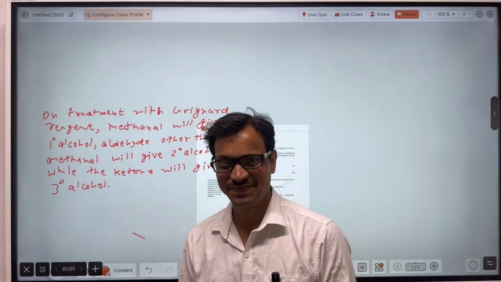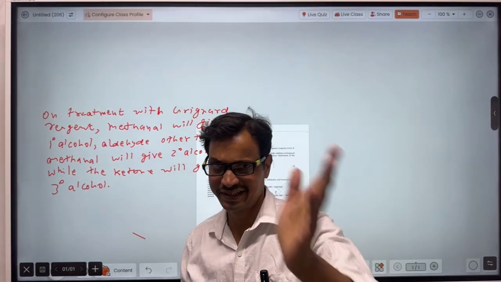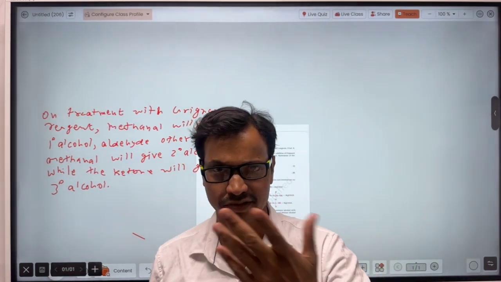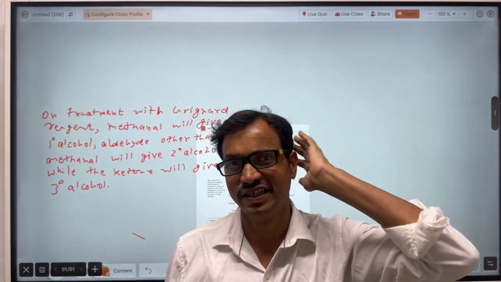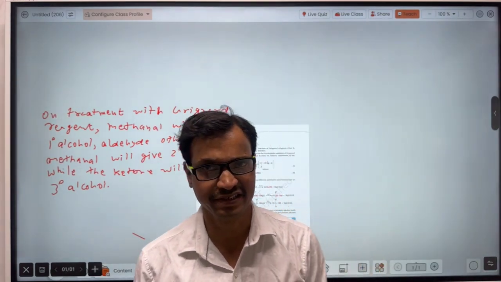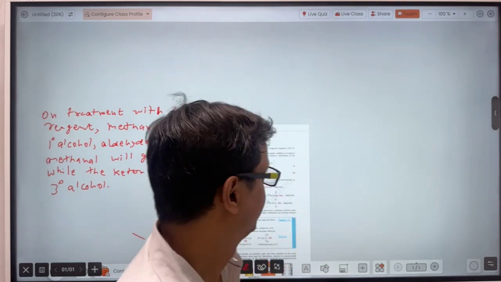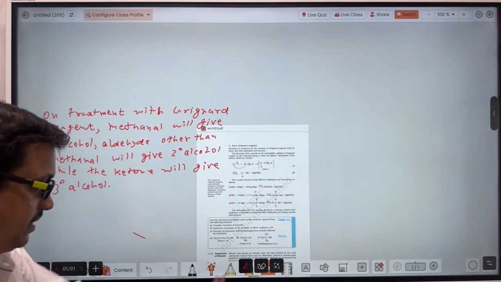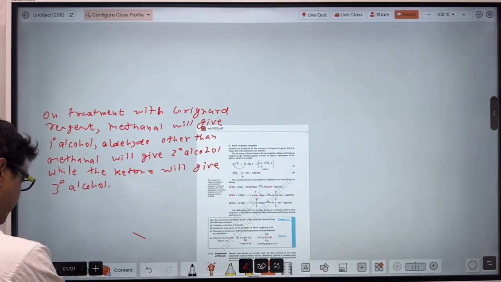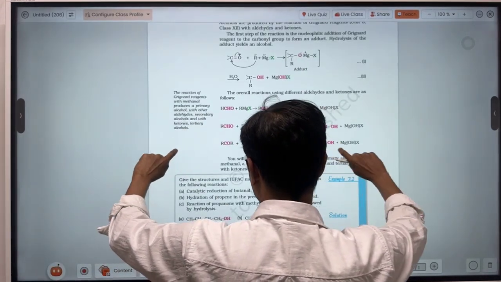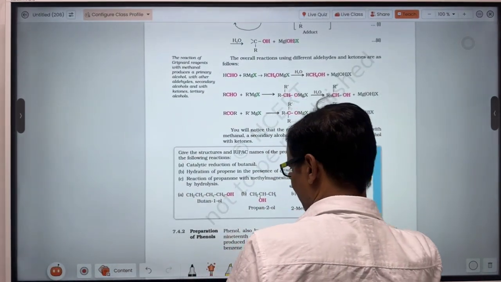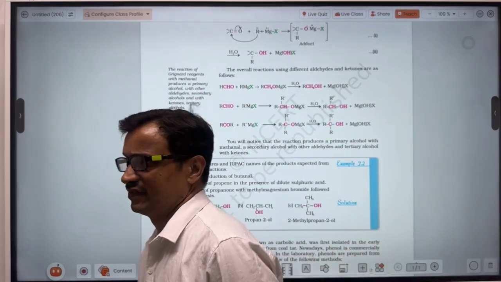Guys, same type: if you consider which part of the reagent will go where, then very easily you could predict what the product would be. But keep in mind about the Grignard reagent: if methanol is treated, there will be formation of a 1 degree alcohol.